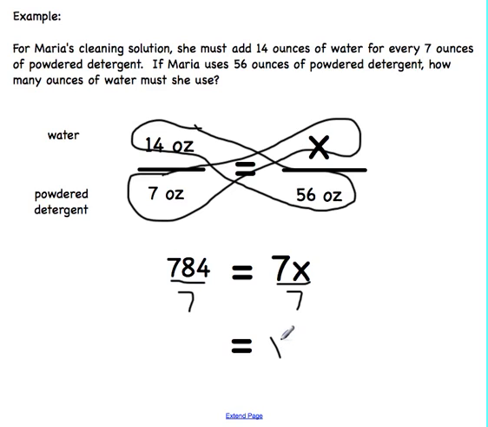Since 7 divided by 7 is 1, and 1 times x is x, these two actually cancel out, and that becomes just x. Then on the left-hand side, we do the division of 784 divided by 7, and that gives us 112.